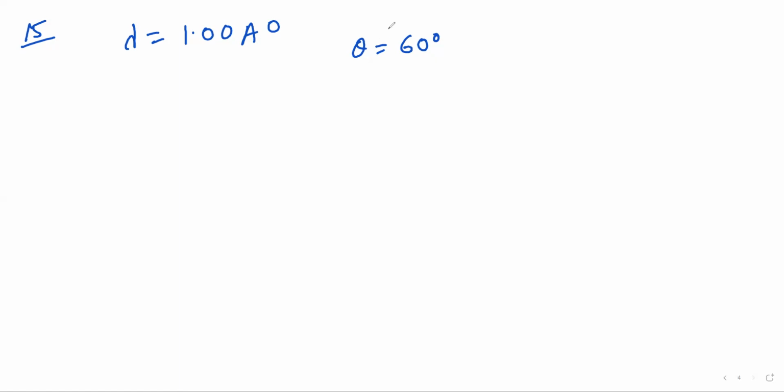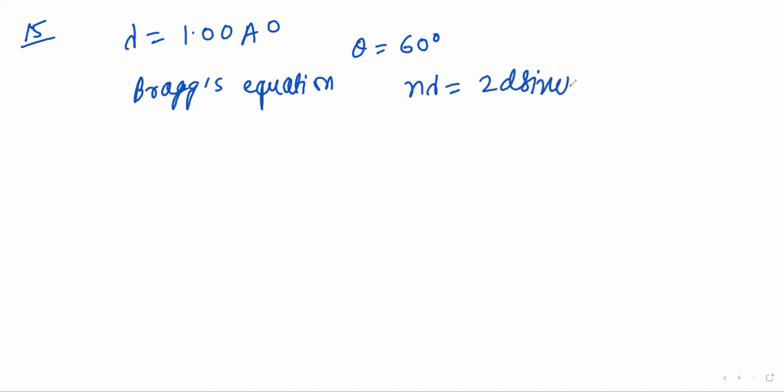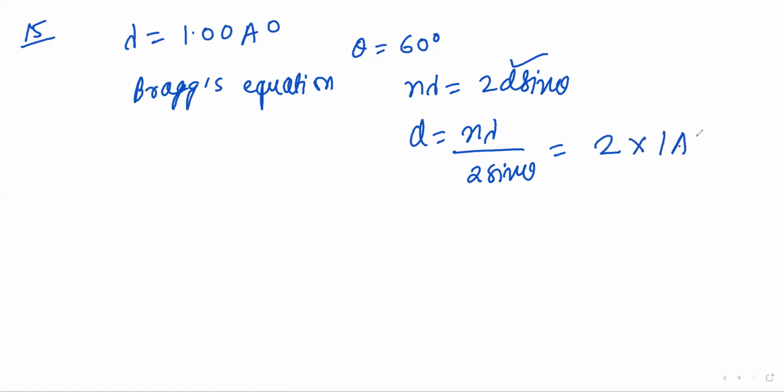So Bragg's equation I will write. So use that one. Bragg equation: n lambda equal to 2d sine theta. So now put the value and find the distance. So d will be equal to n lambda divided by 2 sine theta. n value we know that is 2. Lambda we know 1 Angstrom.